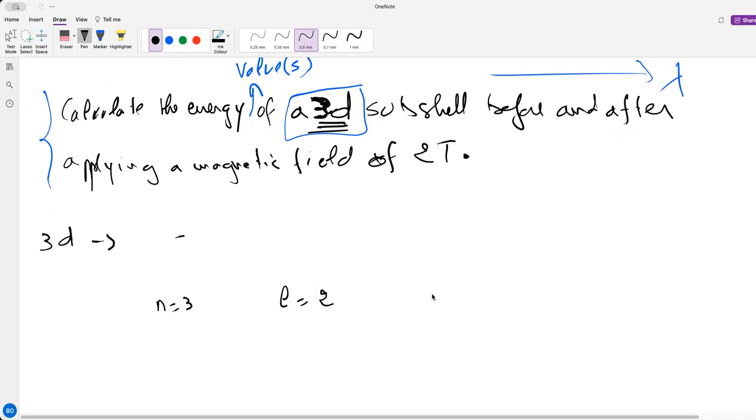Now what is ml? ml is equal to plus 2, plus 1, 0, minus 1, minus 2.